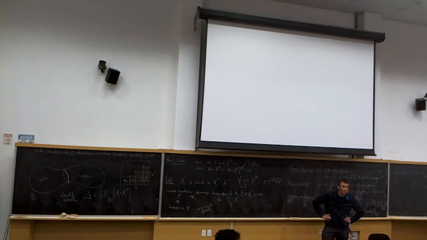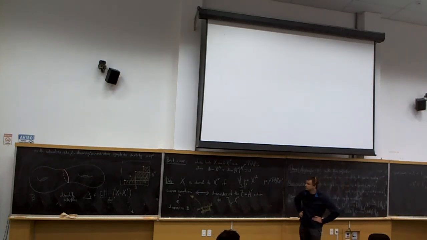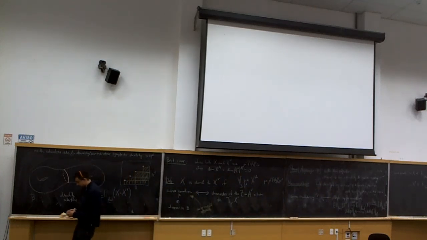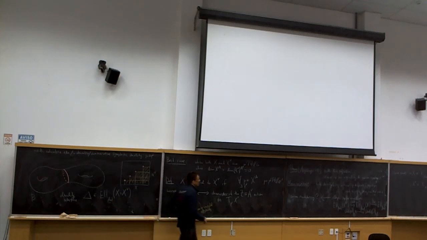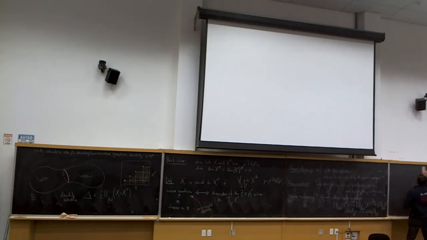The duality space is P. So maybe I'll say it like this: there's some category of boundary conditions in our original theory, in our QFT. So this means I have my curve B, and there's some boundary.